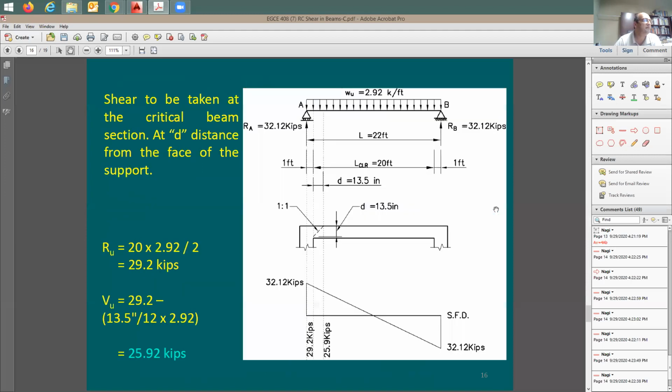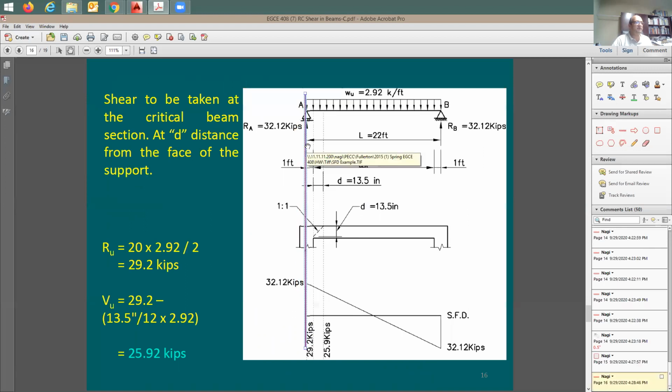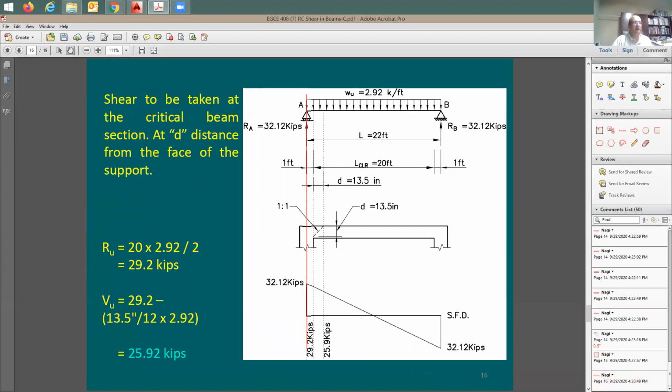Let me draw this. Here's my beam with two columns. Center of support is going to be right here. This is how we draw it. So the structural system is going to be like this, the one that we are used to. And also this is going to be the center of the support.